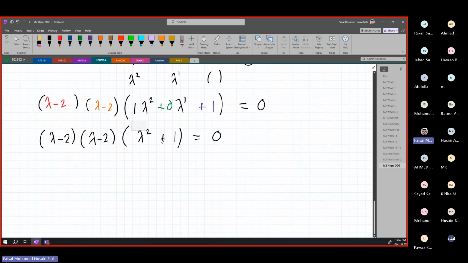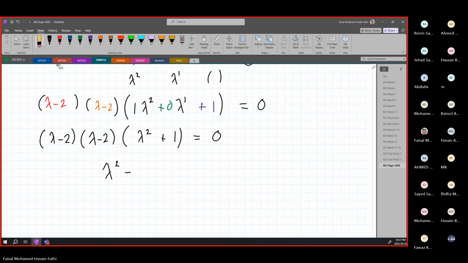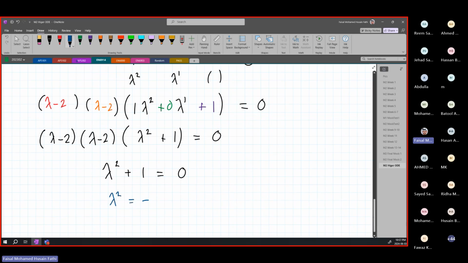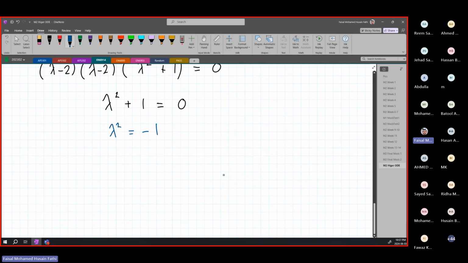So now we have this simple quadratic, which is lambda squared plus 1 is equal to 0. In other words, lambda squared is equal to negative 1. In other words, we're going to do the square root. So this is going to be lambda 3 and 4 is equal to, remember when you are doing square root, we are having two possible values.